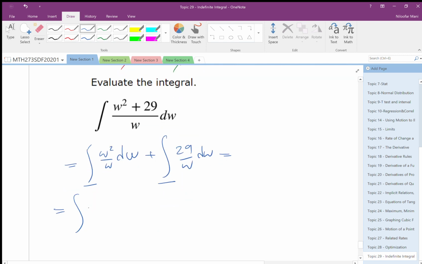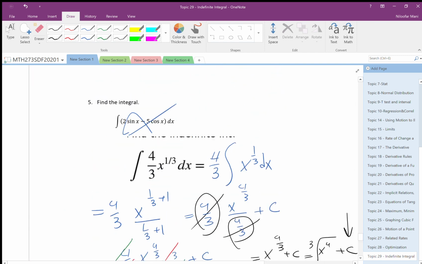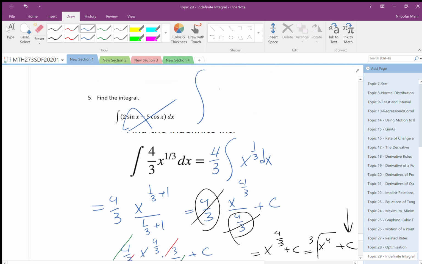It is w dw plus 29 comes out, and this is integral dw over w, which is w squared over 2. I know I have this formula here. I can add integral x power n dx is x power n plus 1 divided by n plus 1 plus c.